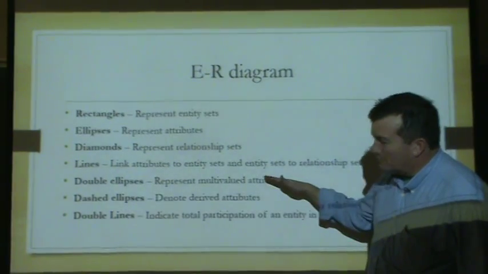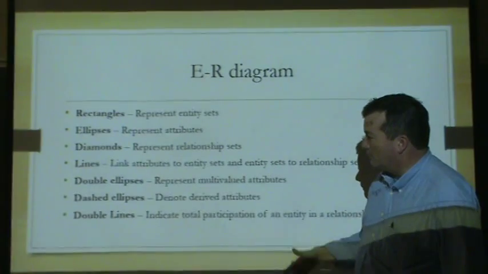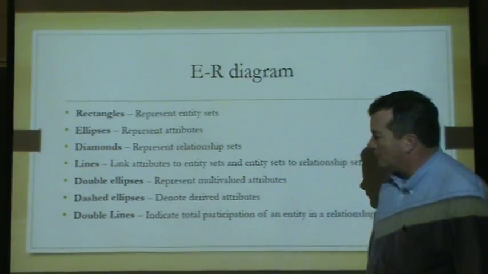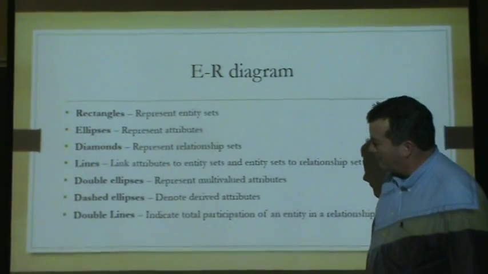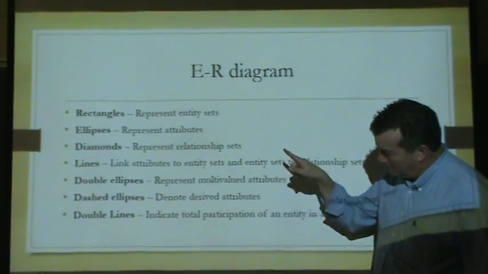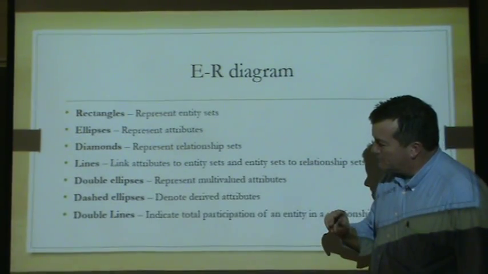You could have multiple values, so we talked about how you could have multiple cell phones, so multiple email addresses. So we could use double ellipses for multi-valued attributes. We'll use dashed ellipses, so ellipses are those circles for columns, to mean derived attributes.